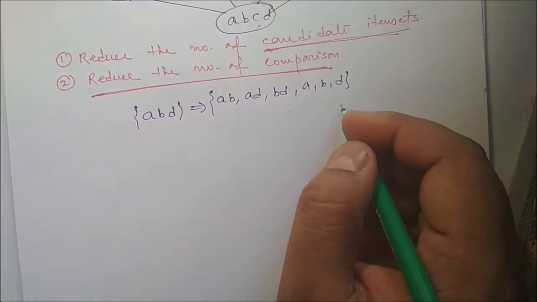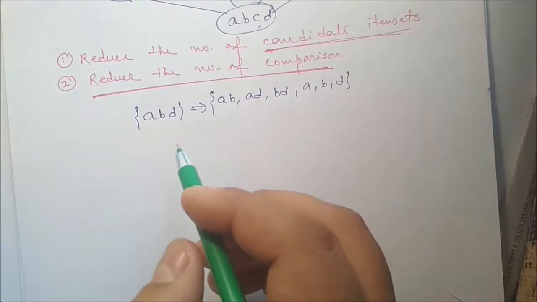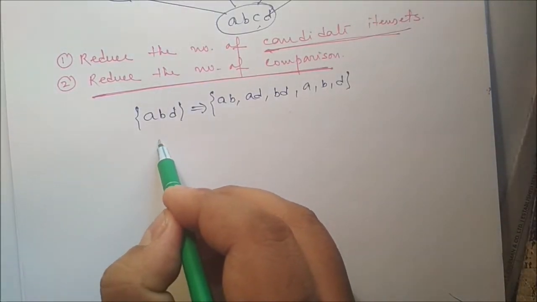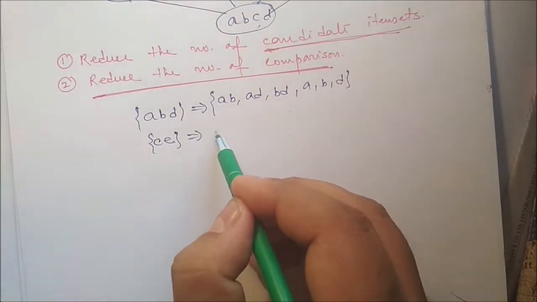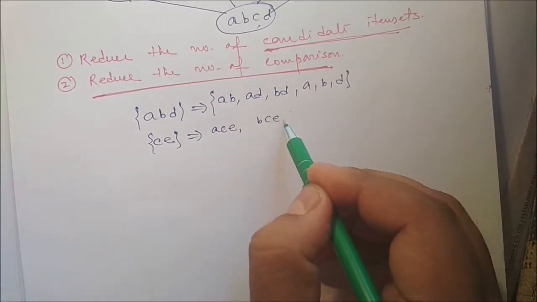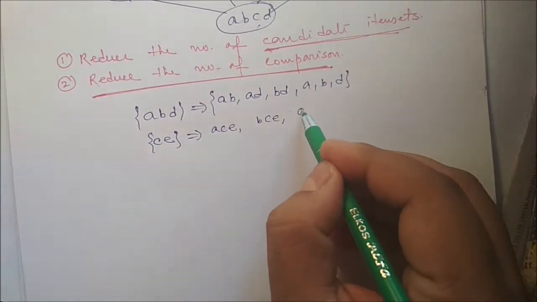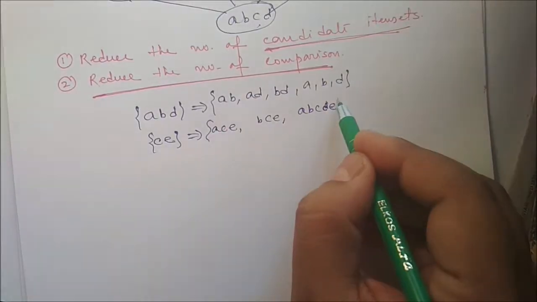Similarly, if AB is infrequent, then all of its supersets must be infrequent. Similarly, suppose CE is infrequent, then ACE, BCE, ABCE, all must be infrequent.